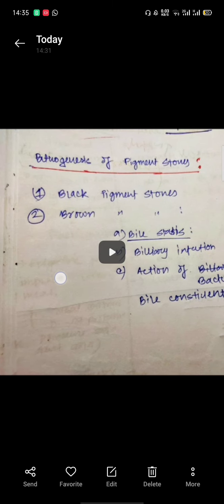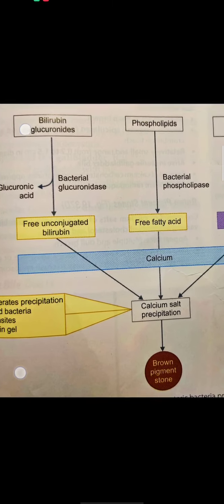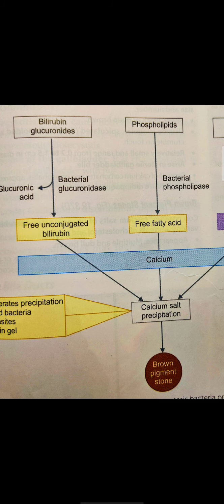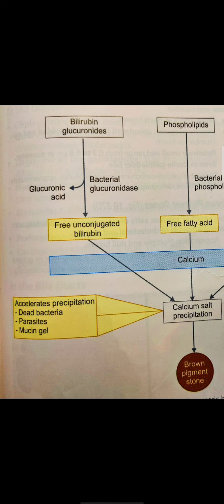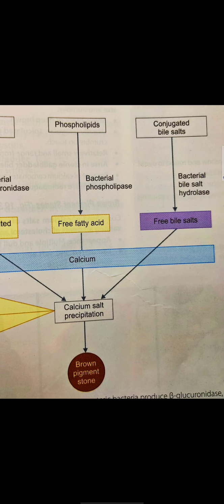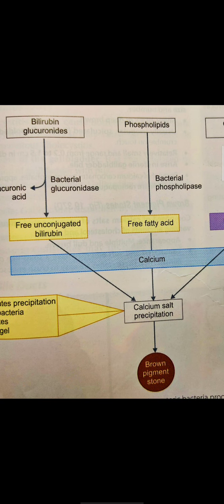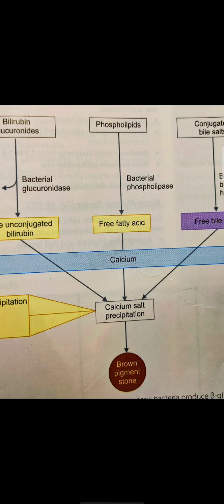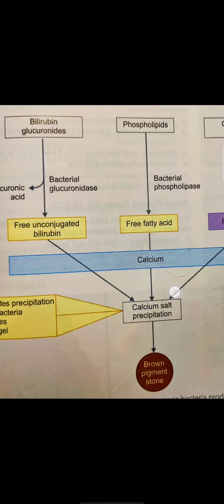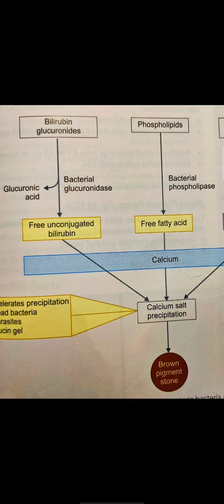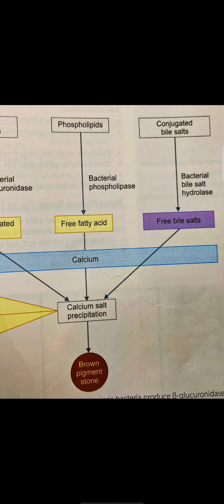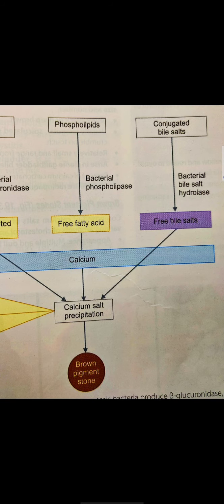Look here in this image: the bilirubin glucuronide, phospholipid, and conjugated bile salts are all acted on by the bacterial glucuronidase, and ultimately there is formation of unconjugated bilirubin, which is not soluble, free fatty acids from the phospholipid, and free bile salts.